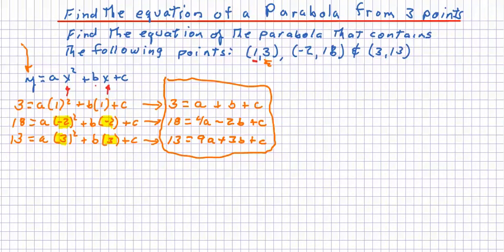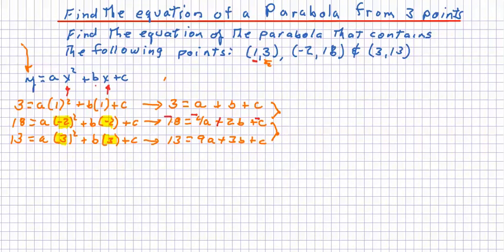All right, now we're going to continue moving over here, but we're going to do something with the top 2 and the bottom 2 equations. First thing I'm going to do always is multiply this equation by negative 1.